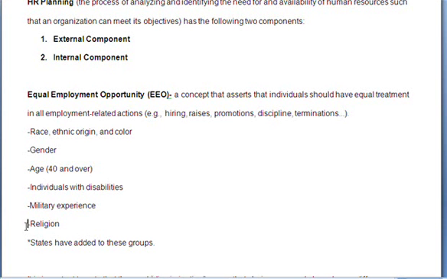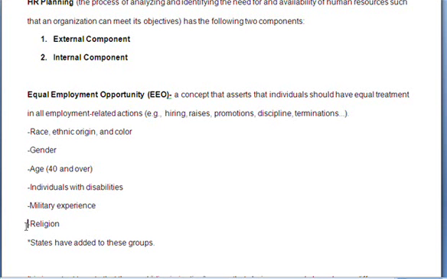Equal employment opportunity applies to many, many companies. Not all companies, but many. Affirmative action applies to a smaller number of companies. And you are correct, affirmative action does require that companies take proactive measures to hire individuals of certain groups.